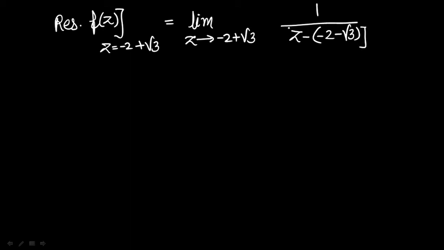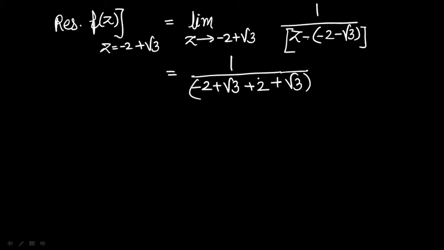Now we substitute the value of the limit, that means z equal to minus 2 plus root 3 minus minus 2, that is plus 2, and minus into minus gives plus root 3. Here minus 2 plus 2 gets cancelled, and we get the residue value 1 upon 2 root 3.